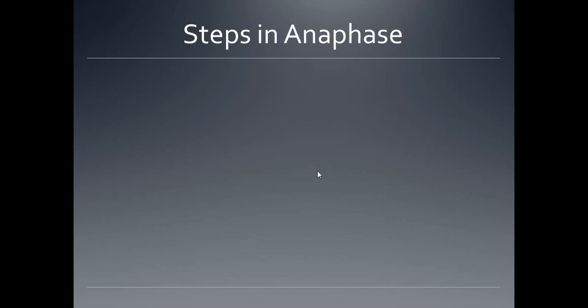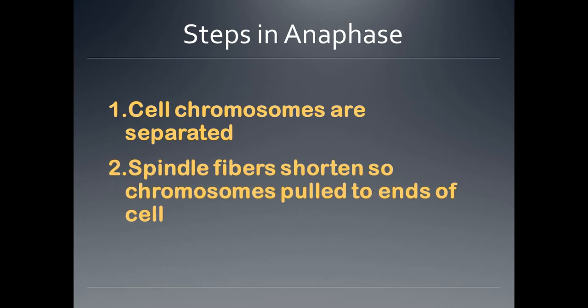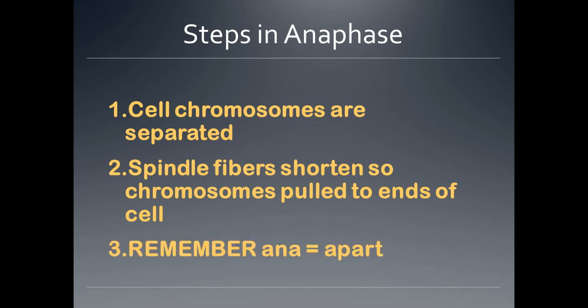The next step is anaphase. So we've had prophase, metaphase, anaphase. In anaphase, these chromosomes are actually pulled apart or separated. The spindle fibers shorten or shrink so that the chromosomes get pulled to the ends of the cell. Remember that ana is apart: pro is pre, meta is middle, ana apart.